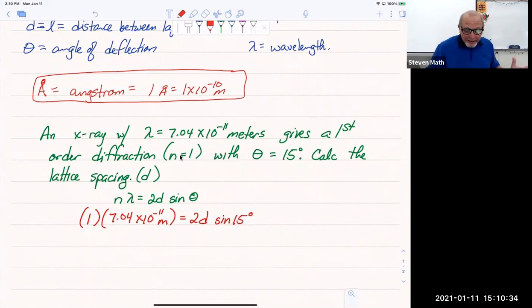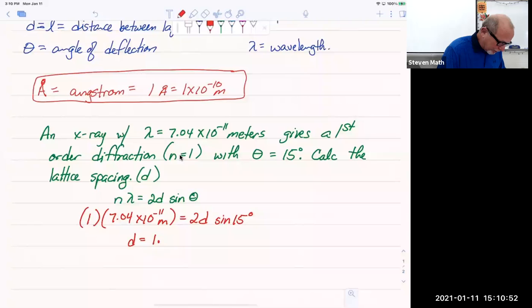This is a sine function. Remember to keep your calculator in degrees. This is one of the very few times that we're going to need to make sure our calculators are in degrees and not radians. I'm not sure why you guys would ever be in radians anyway. But if I crunch them, I get a D here of 1.36 times 10 to the negative 10th meters. That's going to be equal to the length of my cubic unit cell.